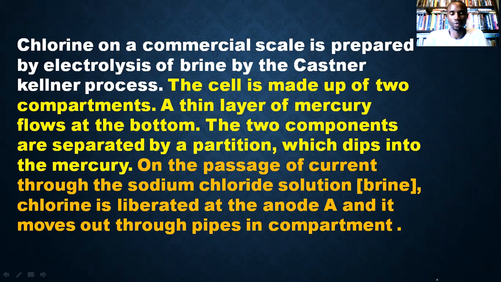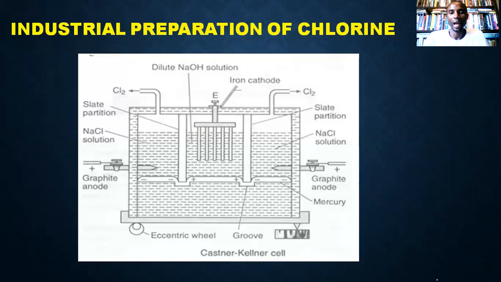On the other side, they dip down into the mercury, and current is passed through the sodium chloride solution, which is the brine. Through that, chlorine is liberated at the anode, which is A, and is moved out through a pipe in the compartment.